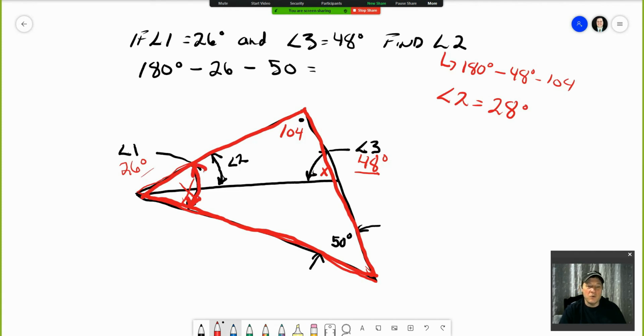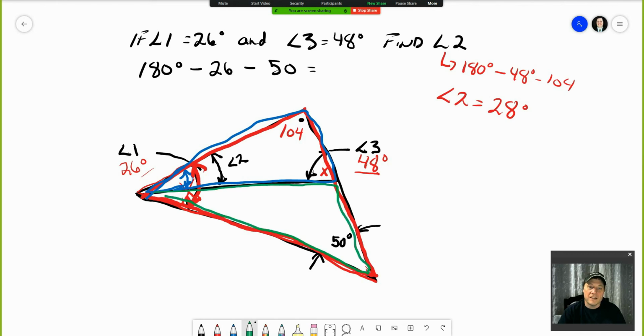But what I don't know is what this angle is. That's the one I'm trying to solve here, right? It doesn't matter where you put the arrow. It's this angle in here, which is part of this triangle, right? And then we have our third triangle, which is in here.